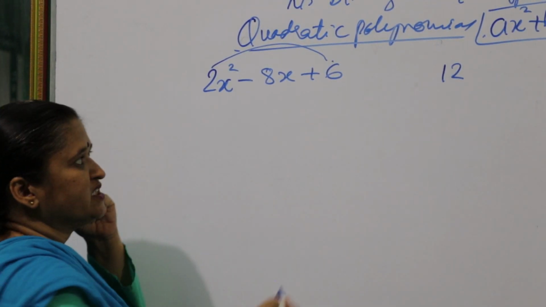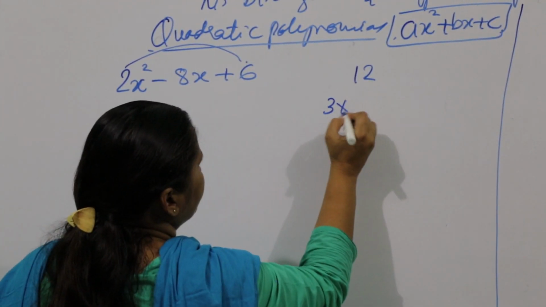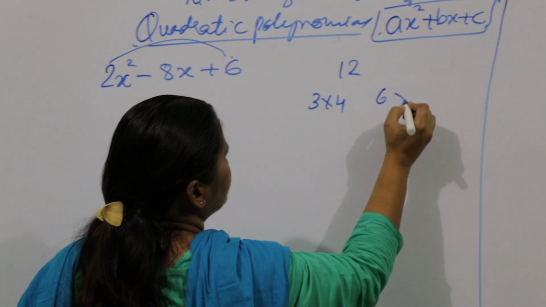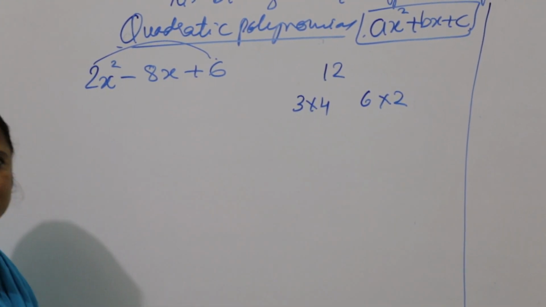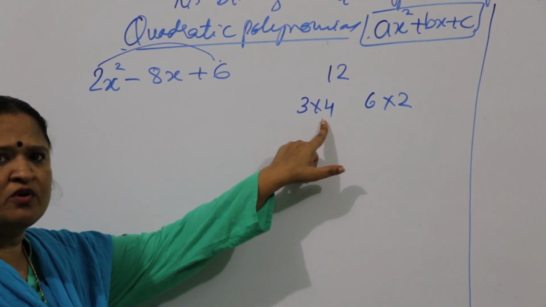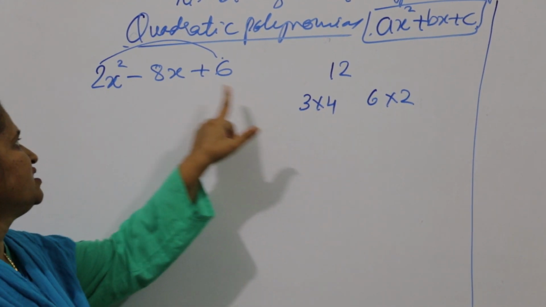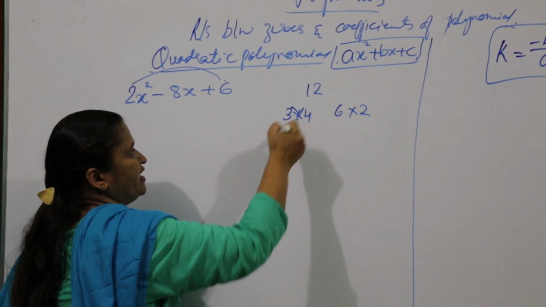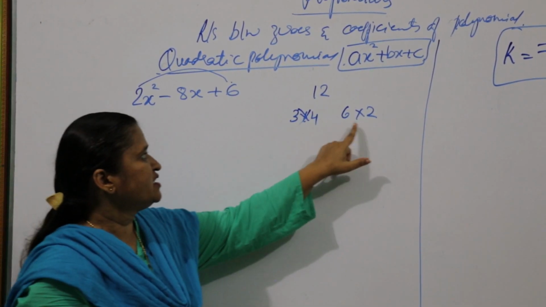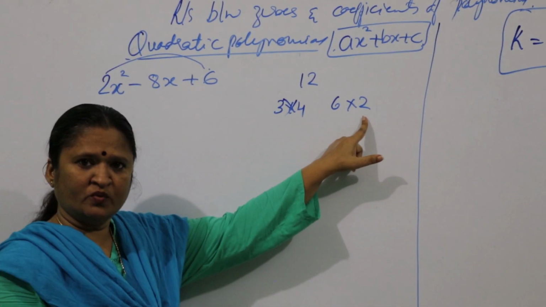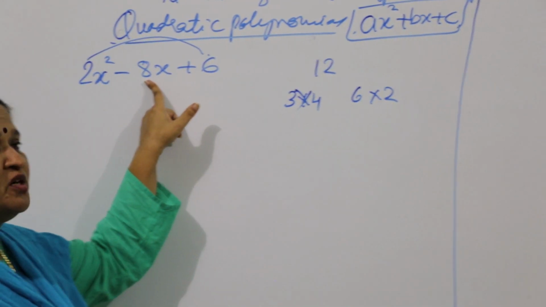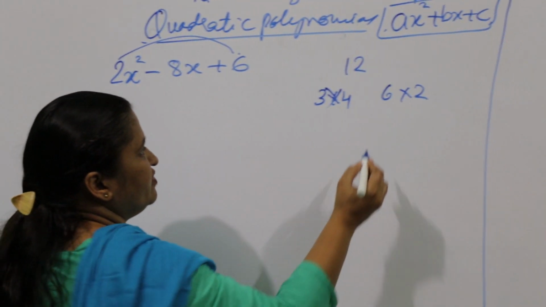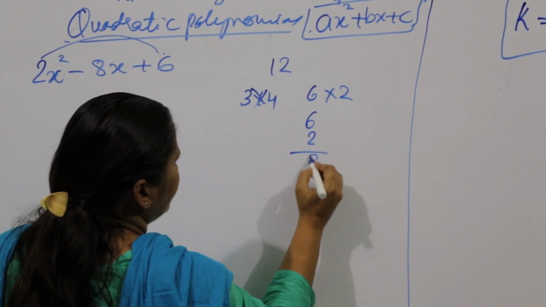What are such factors? 3 times 4 we have, and then we also have 6 times 2. With 3 and 4, either by addition or subtraction, we don't get the middle term, so let's not take this. Now let's see 6 and 2. Do we get the middle term 8 by addition or subtraction? Yes, we get it by addition.